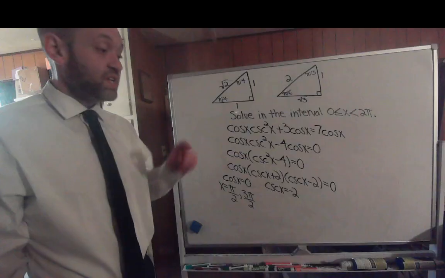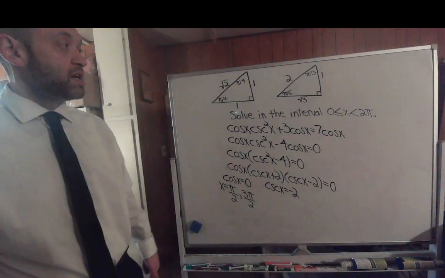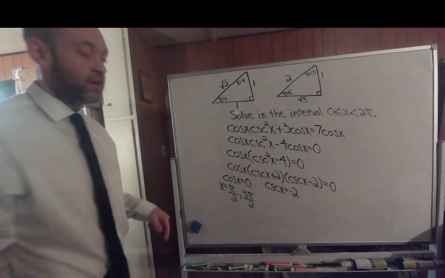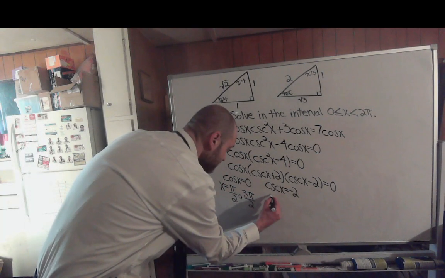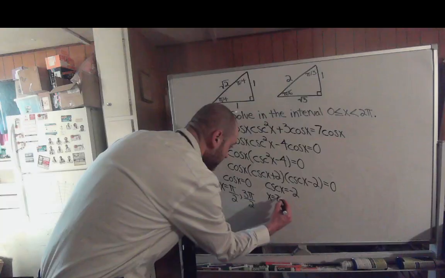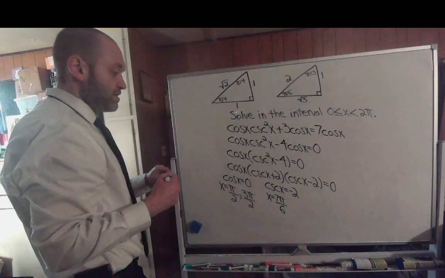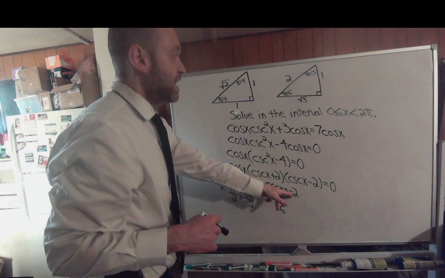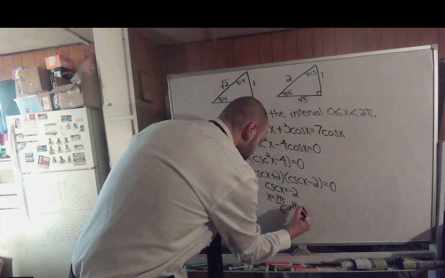So the sine is negative in the third and fourth quadrants. This is going to be at multiples of pi over 6, so the third quadrant equivalent of that would be x equals 7 pi over 6. And then the fourth quadrant equivalent of that would end up being 11 pi over 6.